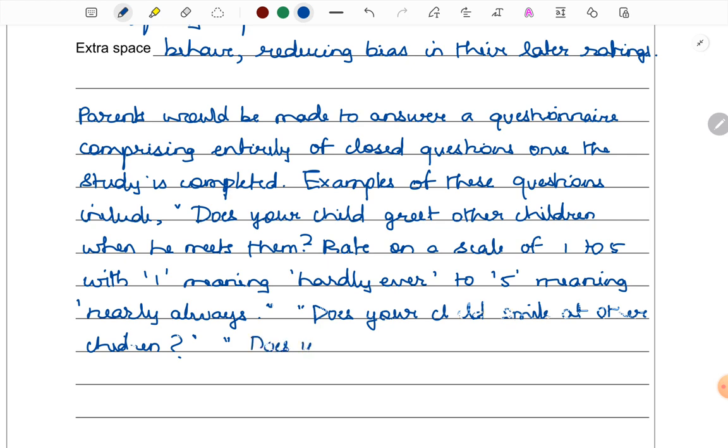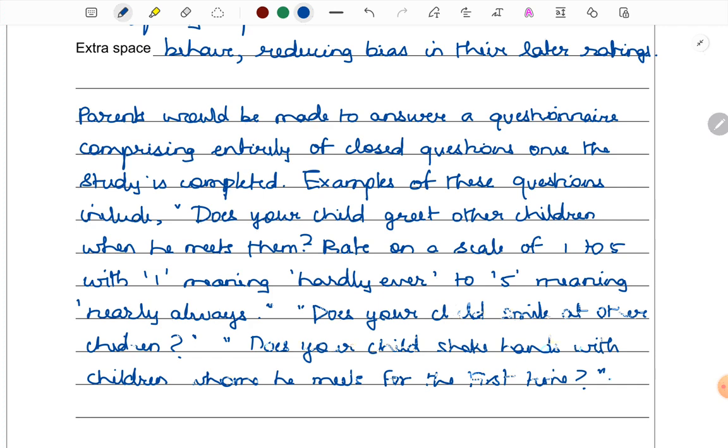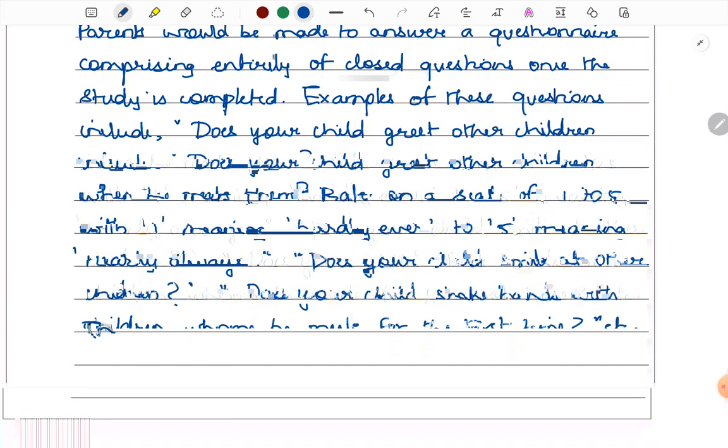Does your child shake hands with children whom he meets for the first time, etc.? The same rating scale mentioned earlier would be used to answer all questions.